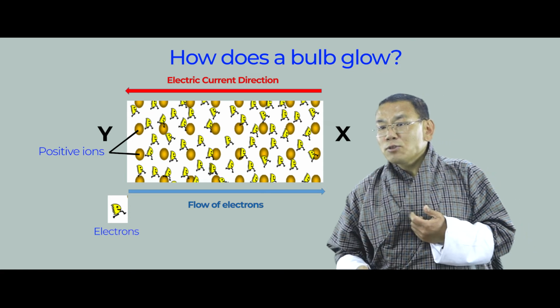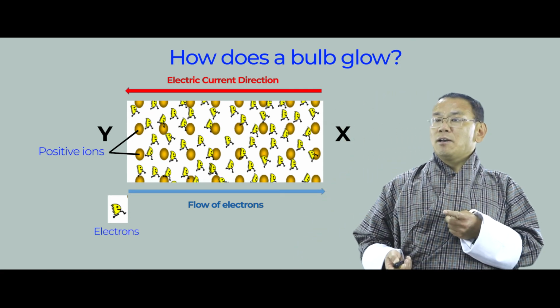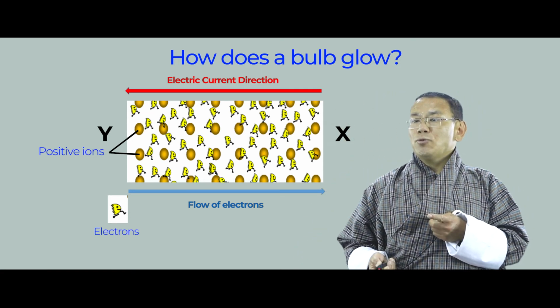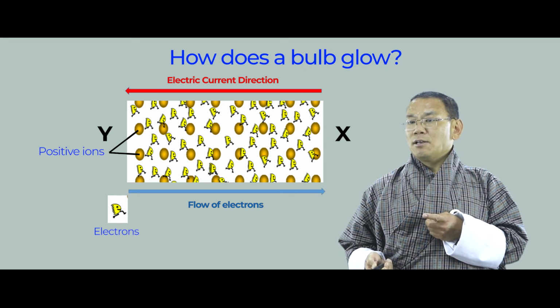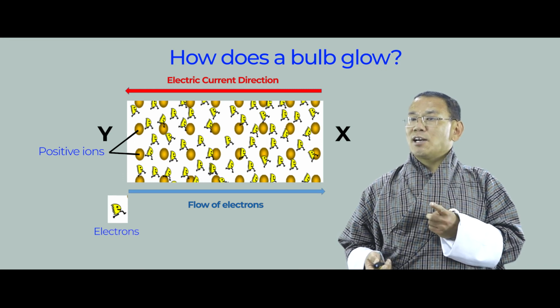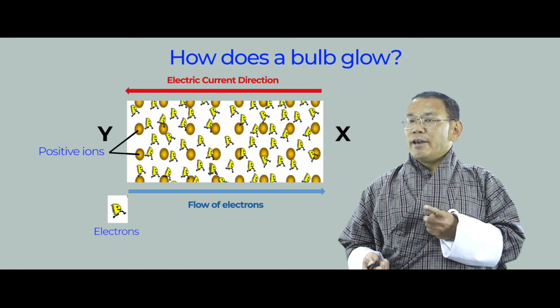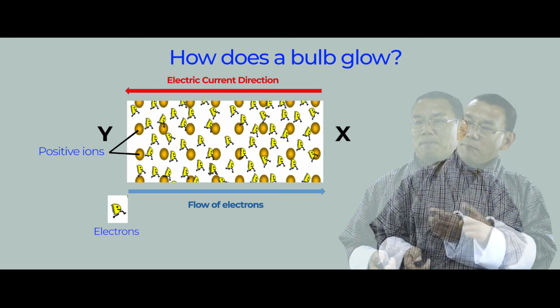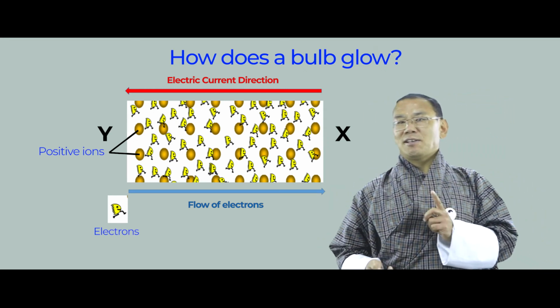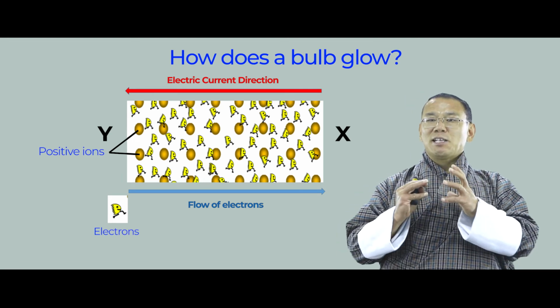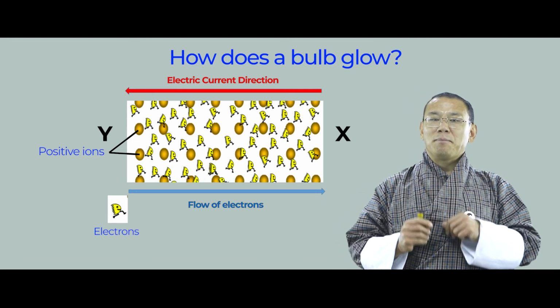Now, if you see the diagram, the flow of electrons is from Y to X, and as you know, electric current will flow from X to Y, just the opposite. And this electrical resistance is responsible for the glow of the bulb.